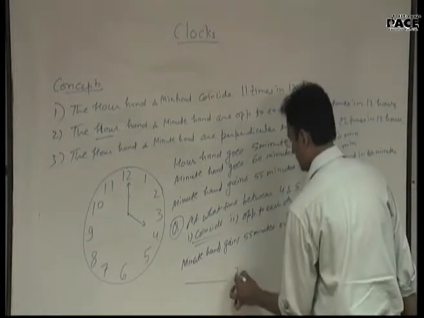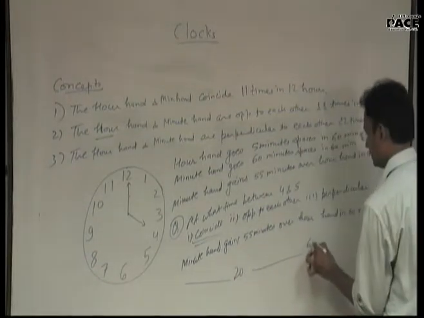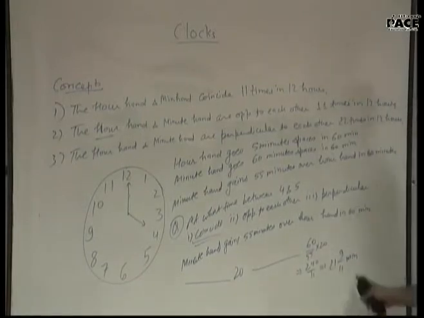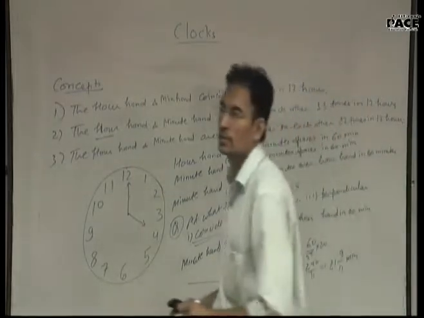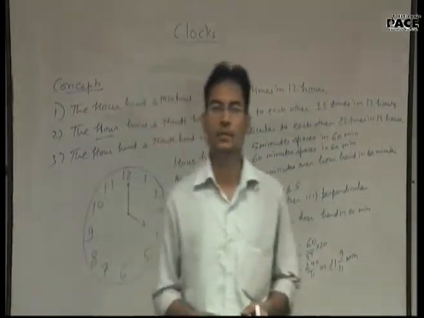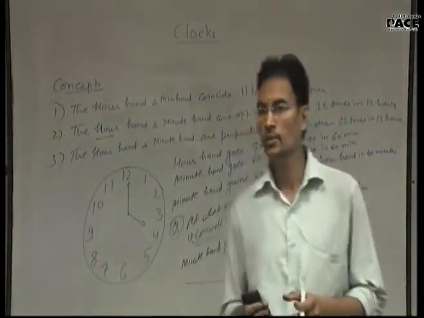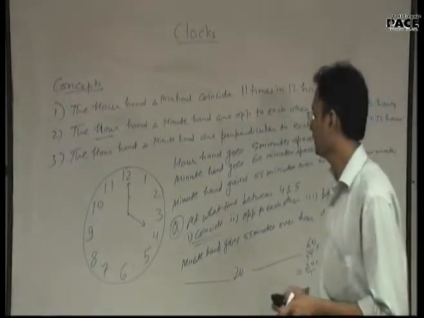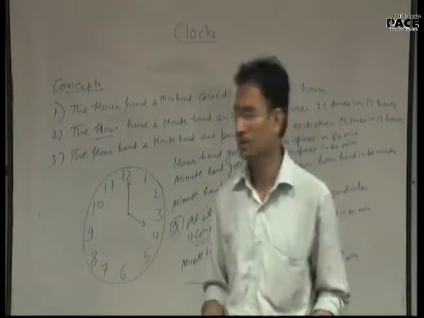It will gain 20 minutes in 21 and 9 by 11 past 4, which will be the time the two hands will coincide with each other.